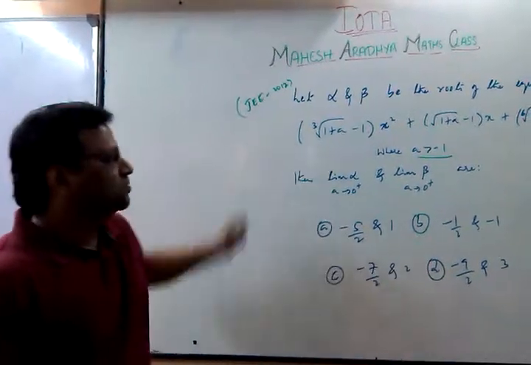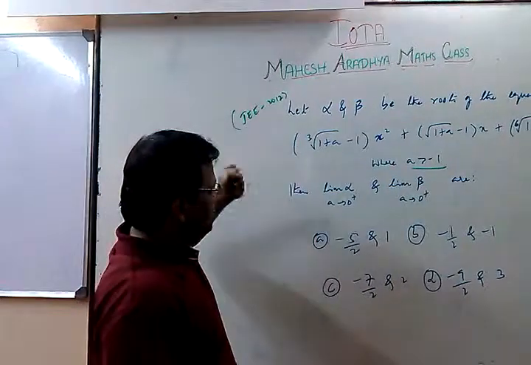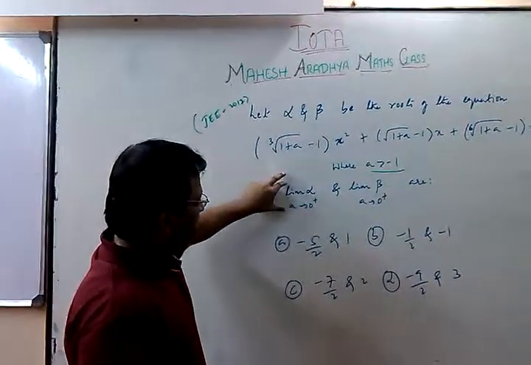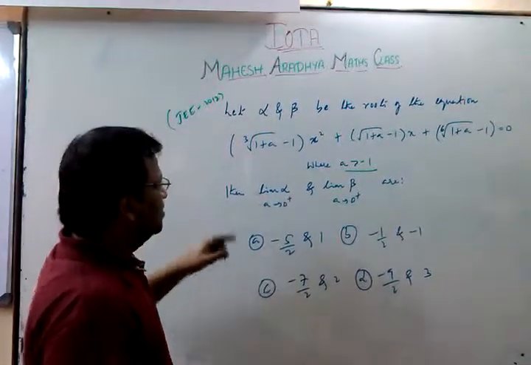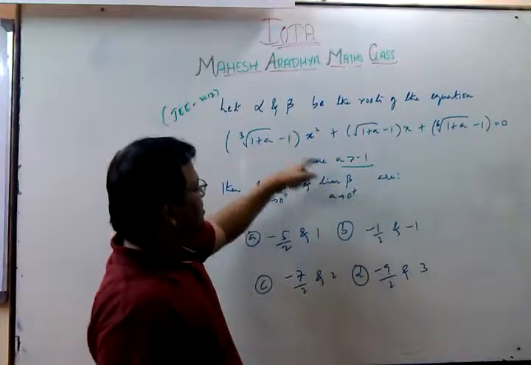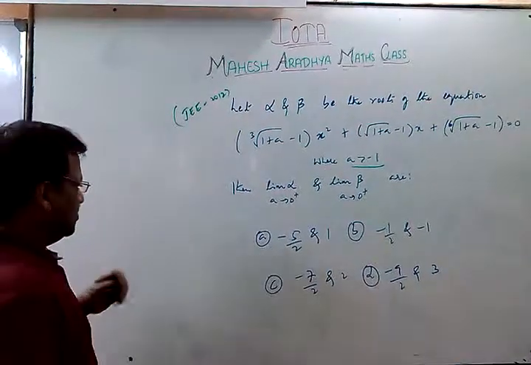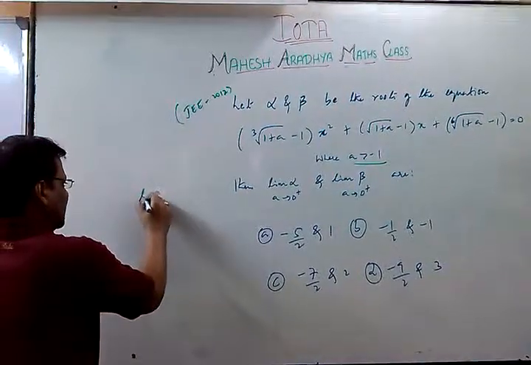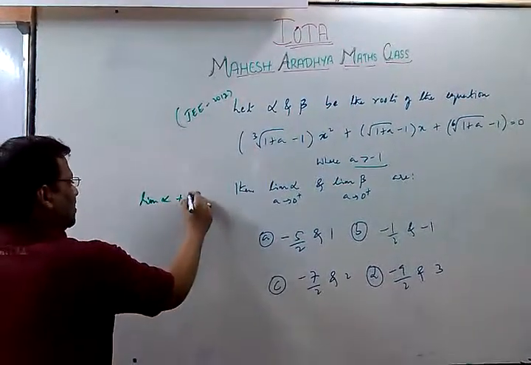Let us see. If you analyze a little, you will know. Now look, we just notice limit of alpha, that is limit of one root, and limit of beta, that means limit of the second root, the other root. So two roots are given. Now what is limit of alpha plus limit of beta?